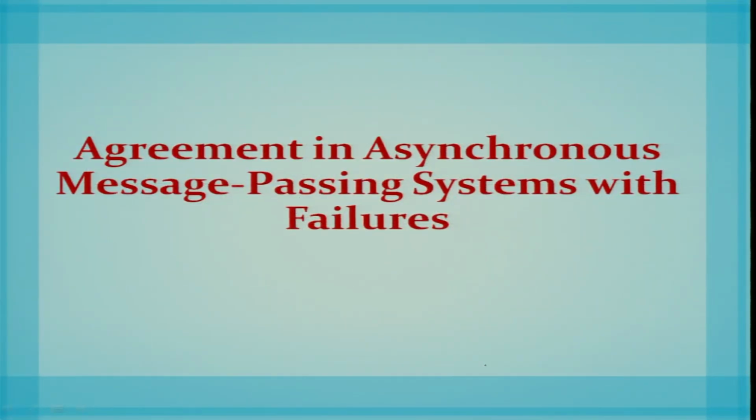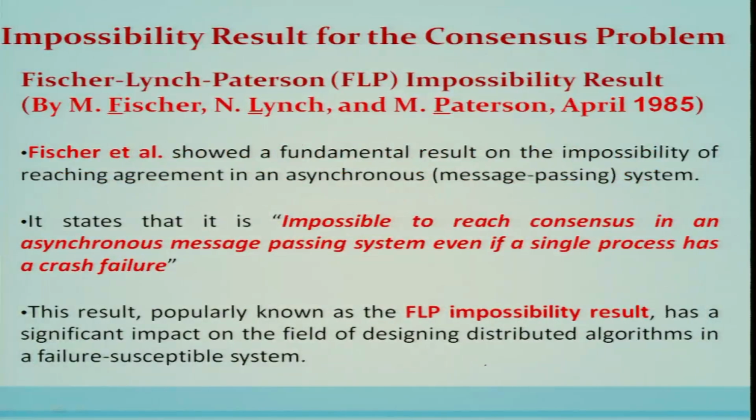Now, agreement in an asynchronous message passing system with failures: the impossibility result for the consensus problem by Fischer, Lynch and Patterson, the FLP impossibility result, from 1985. They showed a fundamental result on the impossibility of reaching an agreement in an asynchronous system.